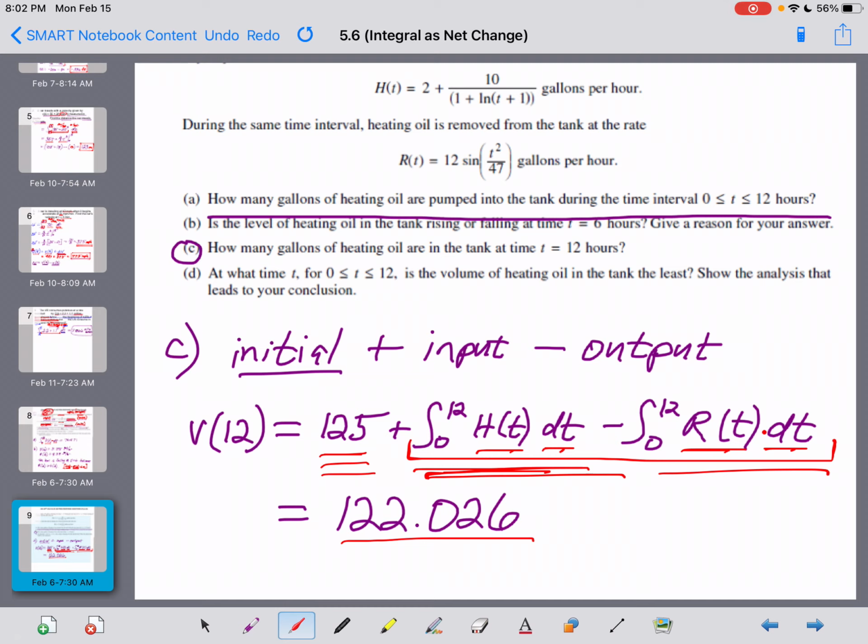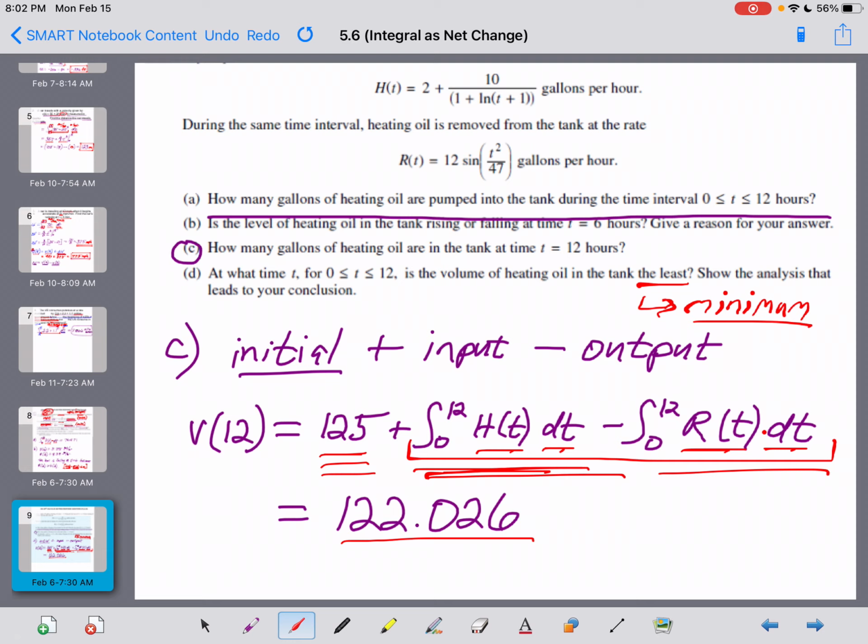At what time, t, in that interval from 0 to 12, is the volume of heating oil in the tank the least? So they're asking us to find the lowest value, or the lowest time, for the heating oil's volume right there. Guys, what they're asking us for here is an absolute minimum value of this particular volume function.